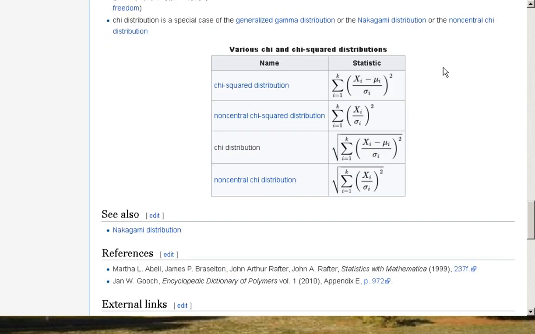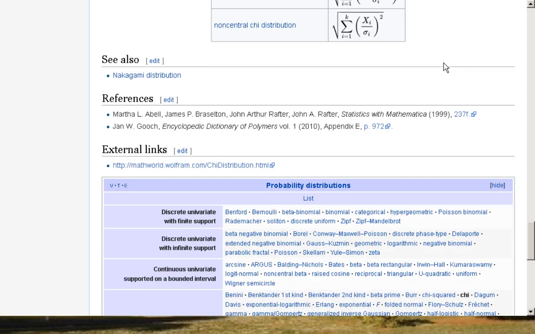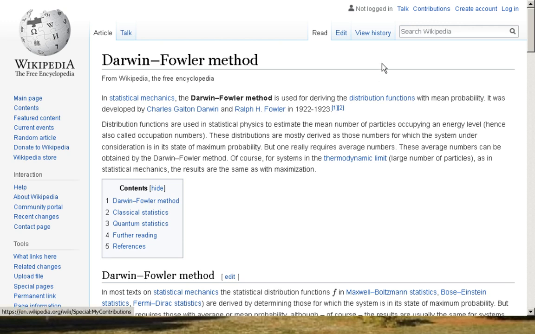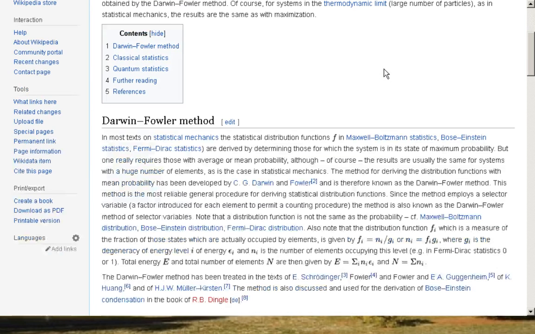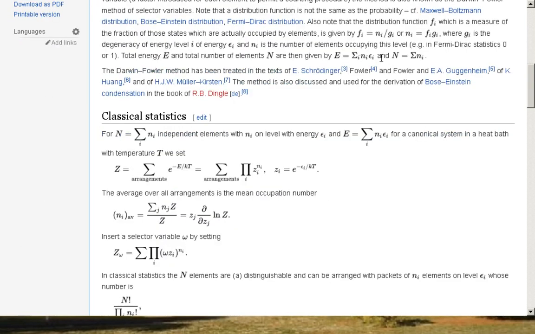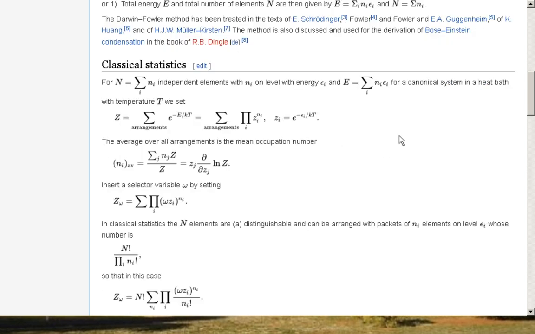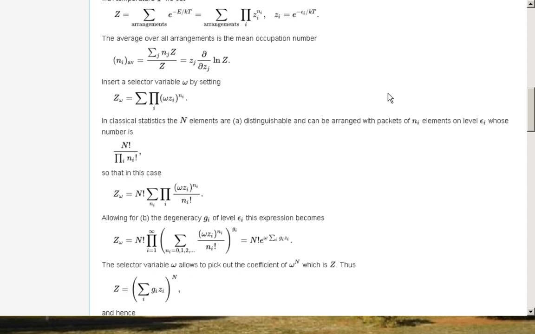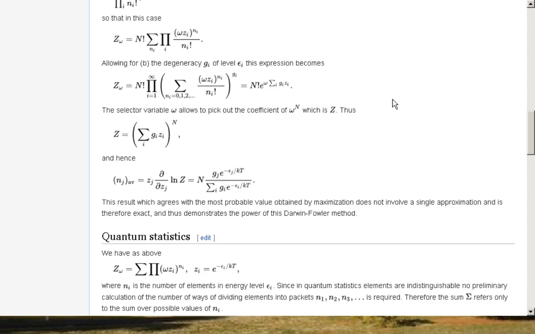Moments have to do with energy points. This is a summation of e to the minus E over kT. It's a factorial, n factorial.